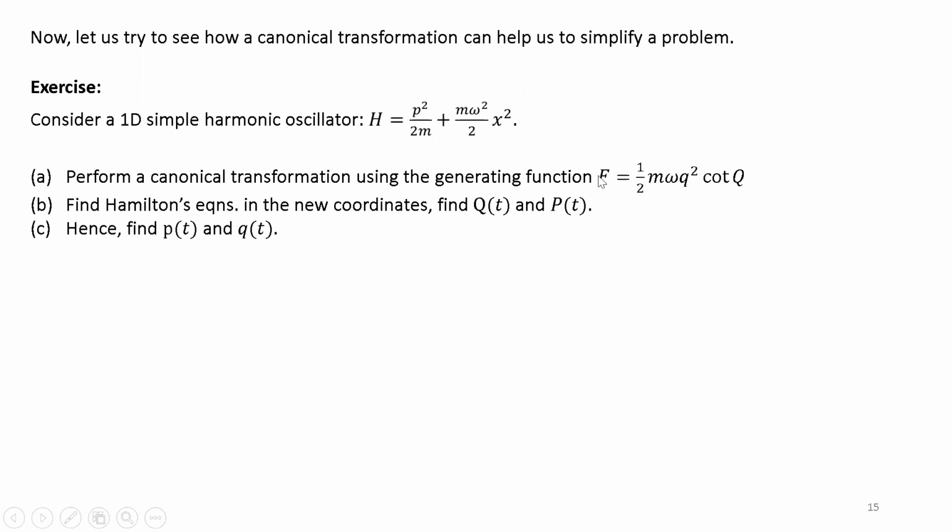I give you this generating function, and I want you to do the canonical transformation, and then this time also find the new form of the Hamiltonian, and then use Hamilton's equations to find capital Q and capital P. In the previous example, I only told you to do the canonical transformation, but I didn't give you any form of Hamiltonian.